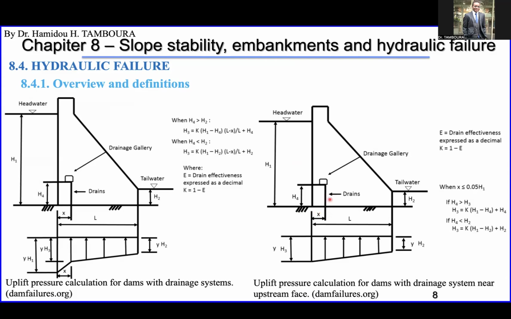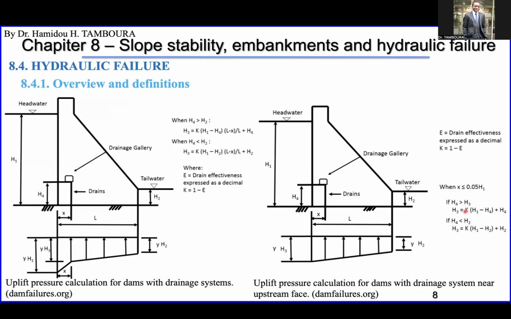So you have several cases, but we will come back to these calculations when we start some examples, okay? Because you will need them to check if the safety against uplift is satisfied.